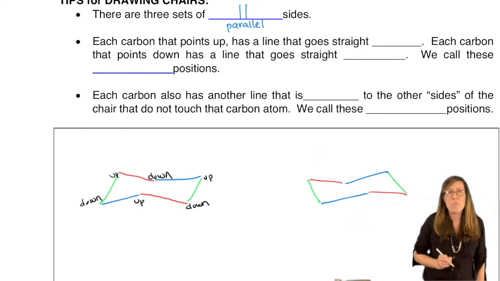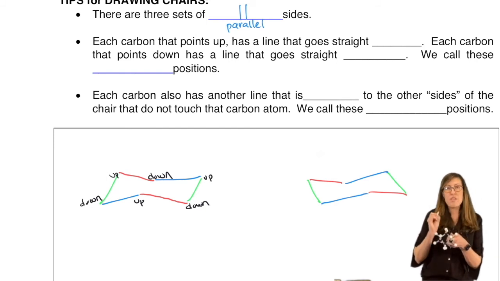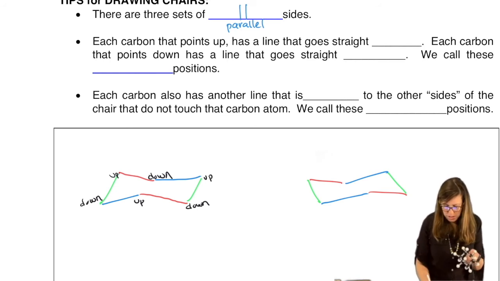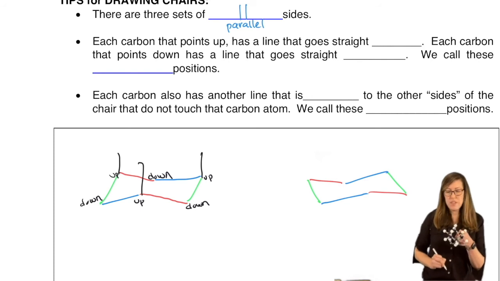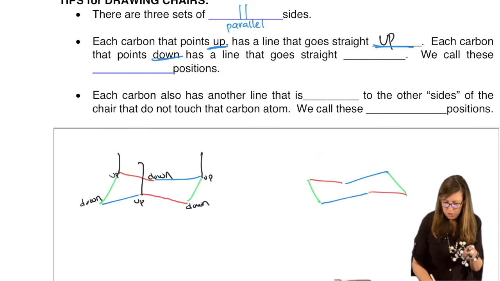If the carbon's pointing up, there's a bond pointing straight up. So draw on that bond. Every other carbon is up. Each carbon that points up, I'm going to underline these, has a bond that points straight up. Each carbon that points down has a line that goes straight down.